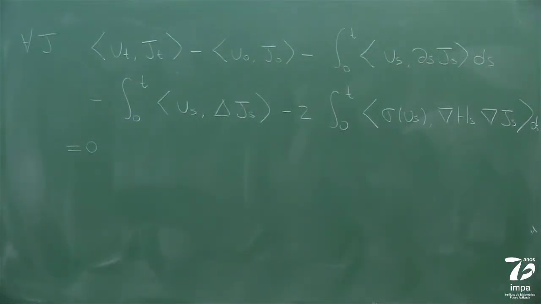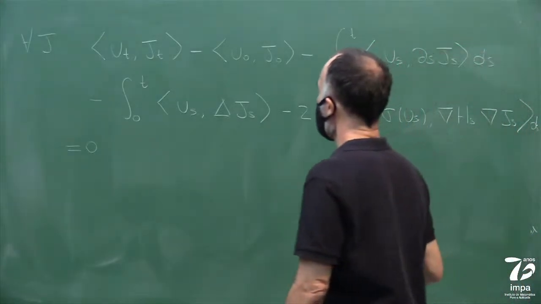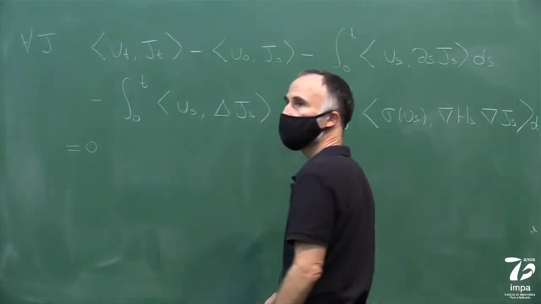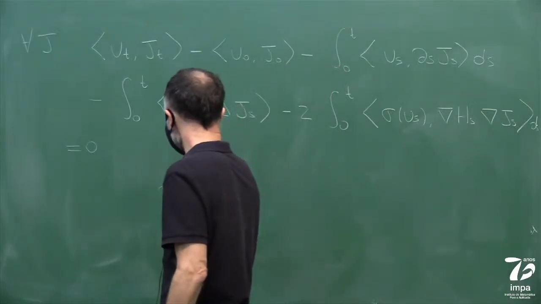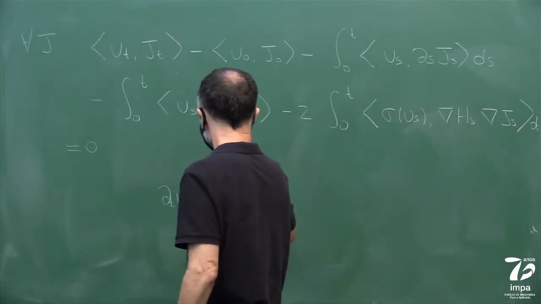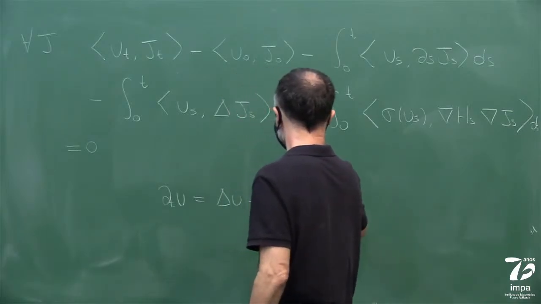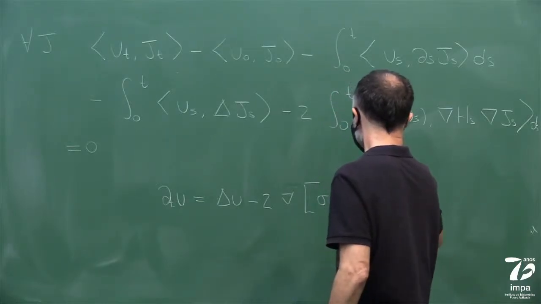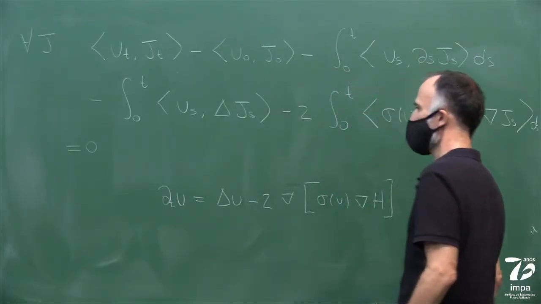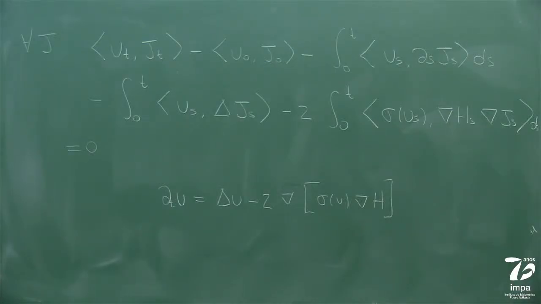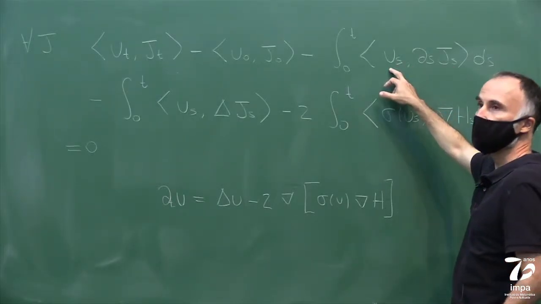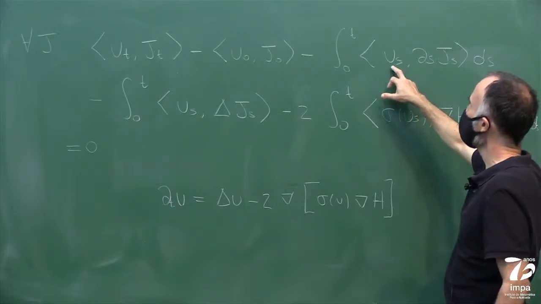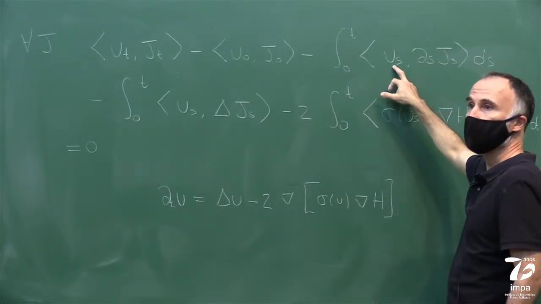Okay? And what does it mean? Well, since this is true for all j, it means that ∂_t u is equal to Laplacian u minus 2 times the gradient of σ(u) gradient h. So it's again just integrated by parts here, so that you get the derivative in u here.